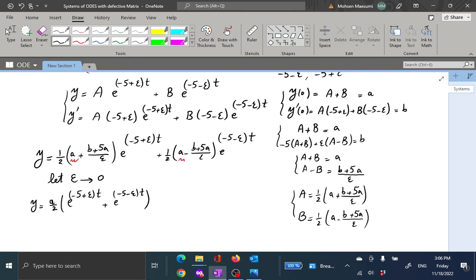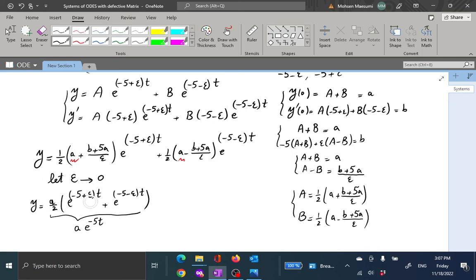Why? Because it's quite obvious what's going to happen to this when epsilon goes to 0. These two terms become the same, becomes twice exponential of minus 5t, and the 2's cancel, and I'll have a times exponential of minus 5t. So the fate of this is clear. It's going to turn out into exponential of minus 5t.